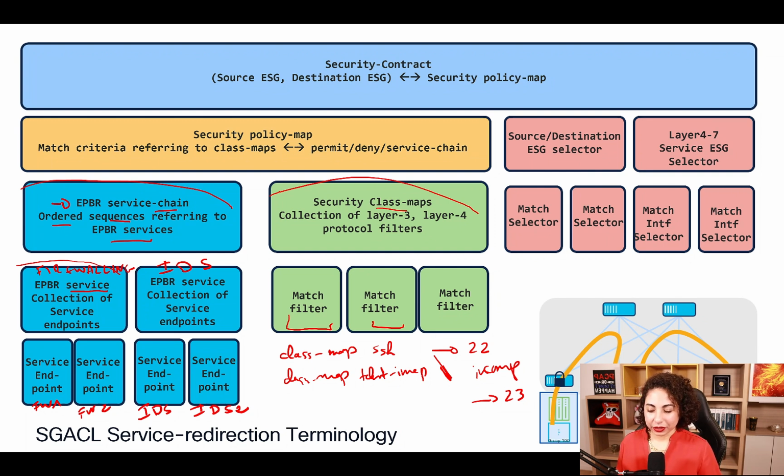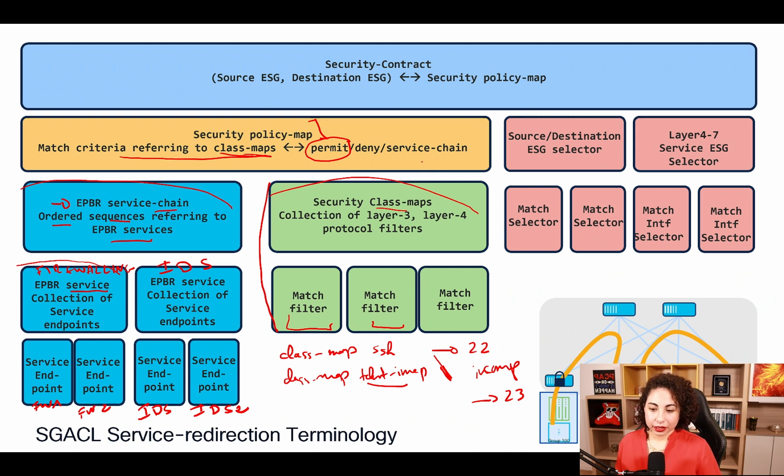So once we have done these steps, we can go ahead and create a security policy map. Now, the security policy map will leverage these 2 constructs. It will say that when we are matching the criteria referred to in the class maps, then we do some action. For example, for the class map ICMP telnet, what I want to do is simply permit, meaning we are going to do the forwarding based on the classic IP routing of the VRF. No additional action is needed.